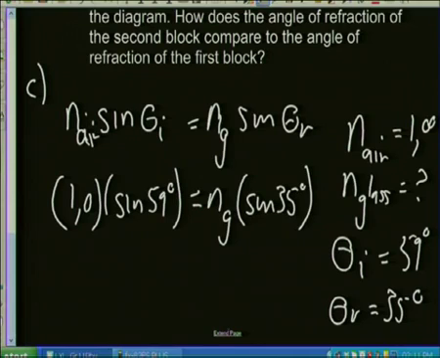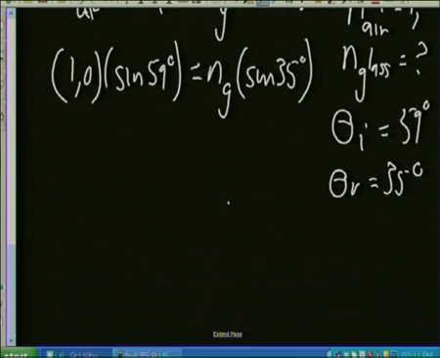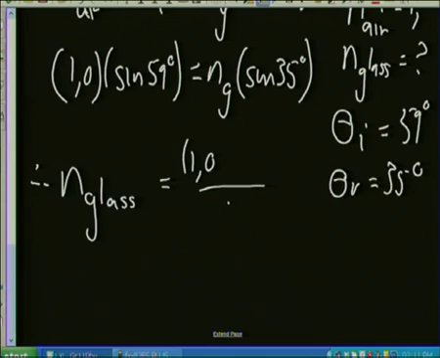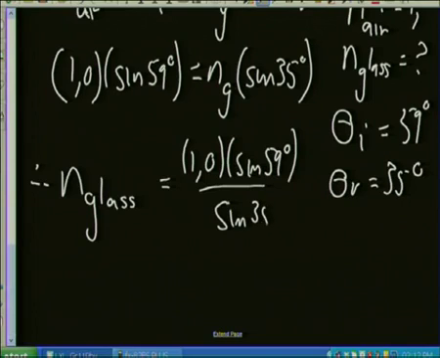So there I go. And what does that tell me? To get my refractive index of glass, this particular glass, not all glass is the same, we're going to take 1.00 times sine of 59 degrees, and divide it by the sine of 35 degrees.